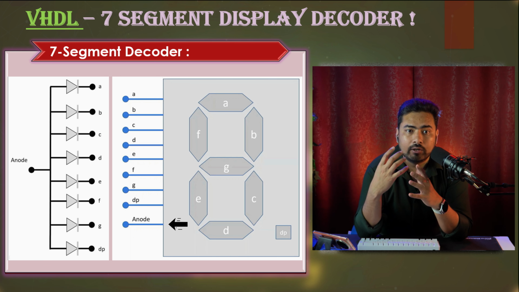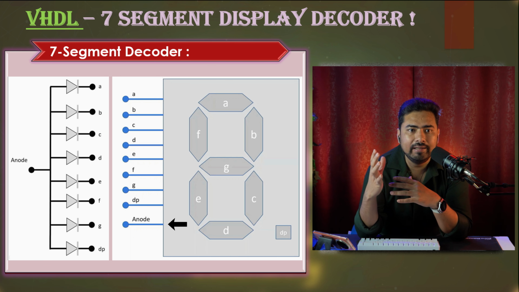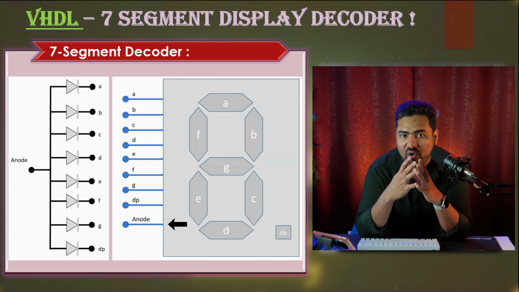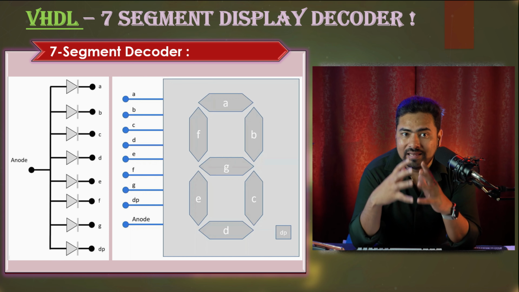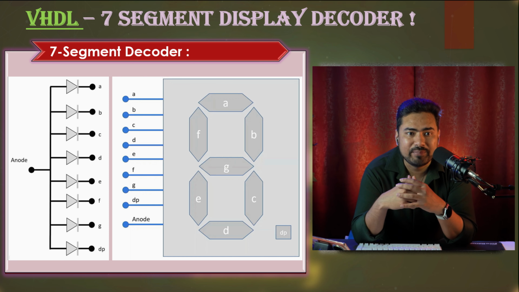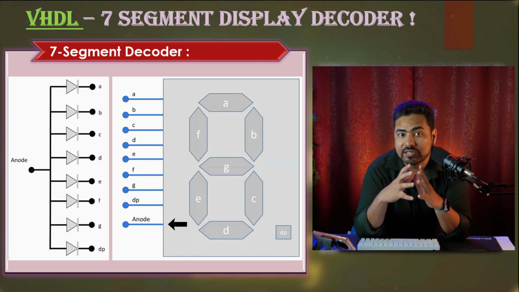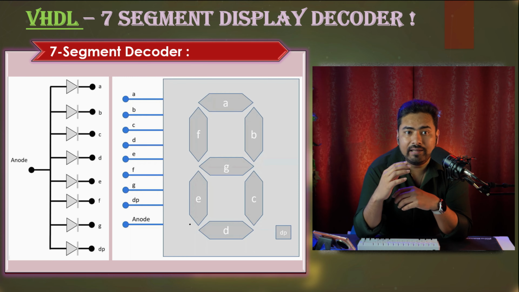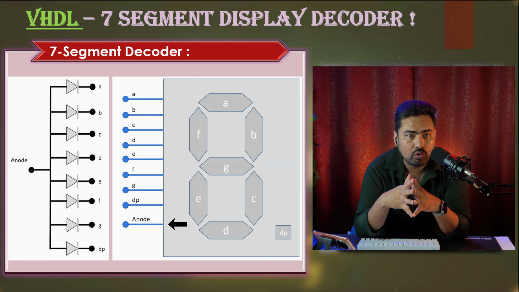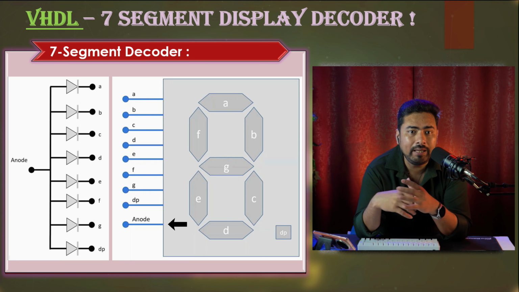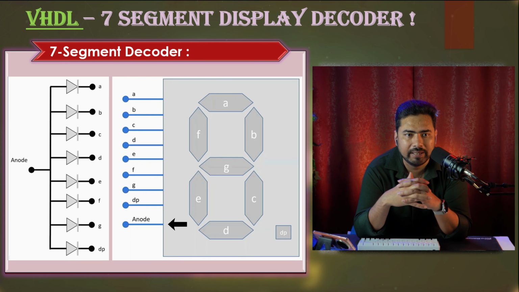This can be either common anode of all the LEDs or common cathode of all the LEDs, and that defines your type of 7 segment display. It means if it is a common anode display, then this common pin will be the anode of all the LEDs. And if this common pin is the cathode of all the LEDs, then it will be a common cathode type of display.